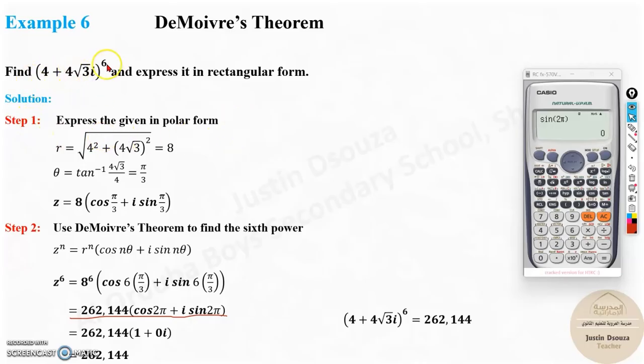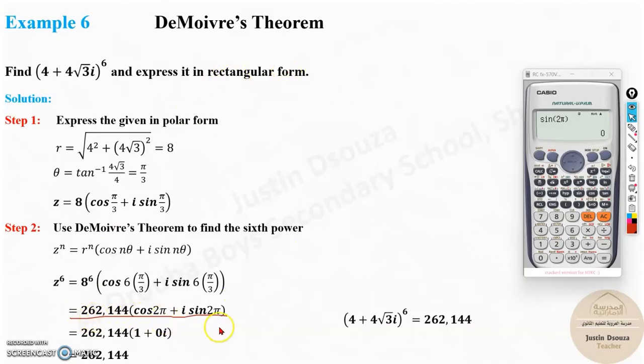Now, I'll quickly recall the first things. The complex number must be in polar form. Only then can you apply DeMoivre's theorem. So step one is to convert this to polar form. Once you have done that, apply DeMoivre's theorem, and then simplify it. Now, they have told us to get it in rectangular form.